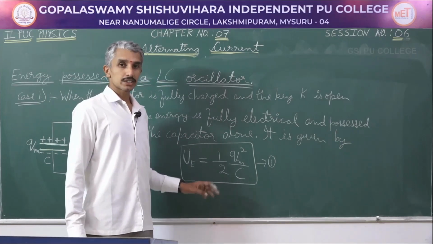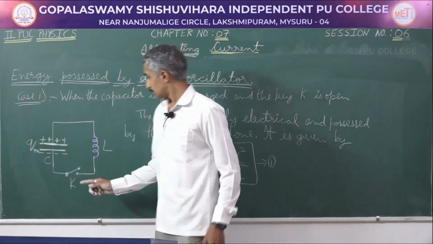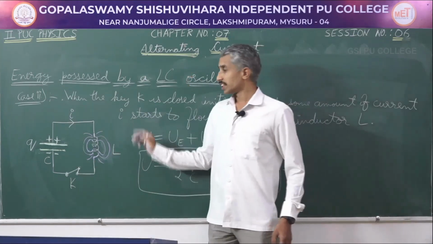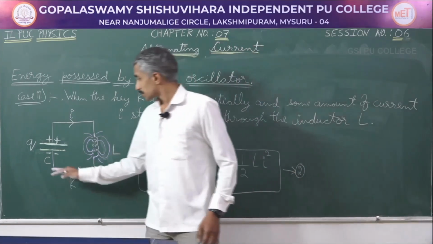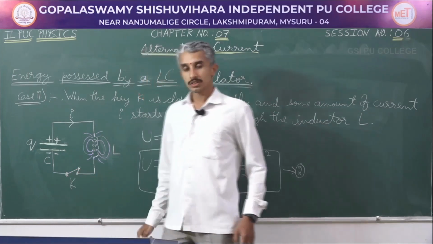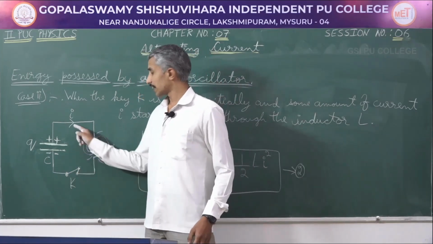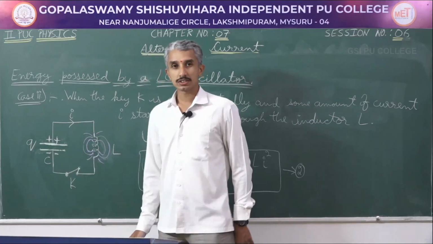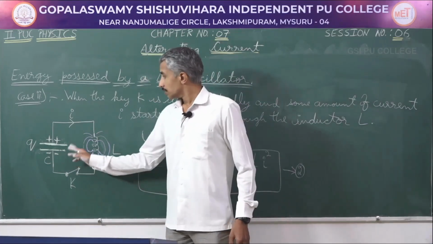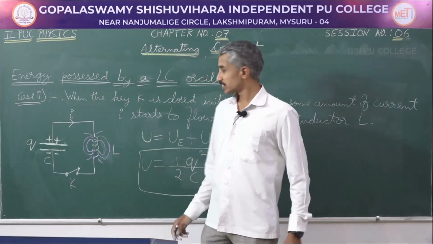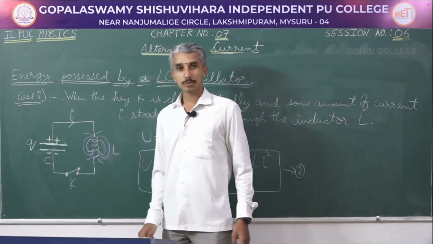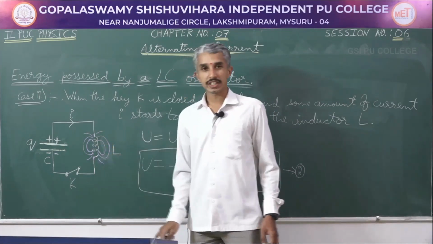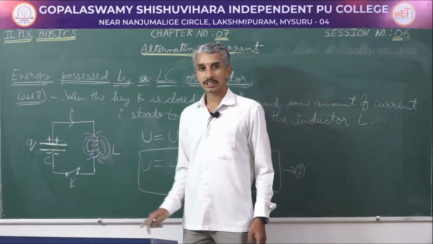We will proceed to the second case, where the key K is closed. So, this is case 2, where you have just closed the key. As you close the key, a current starts to flow and the charge on the capacitor decreases. Now, in this case, the energy is possessed by the capacitor, and as current starts to increase through the inductor, an EMF is induced in the inductor.